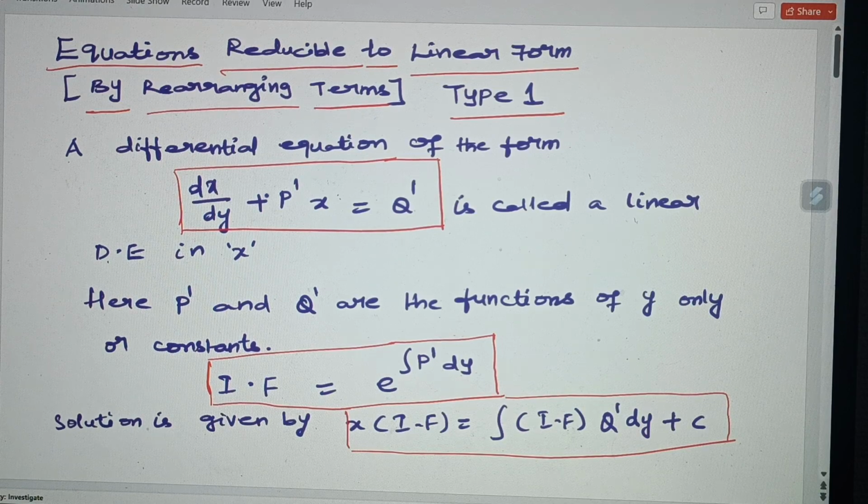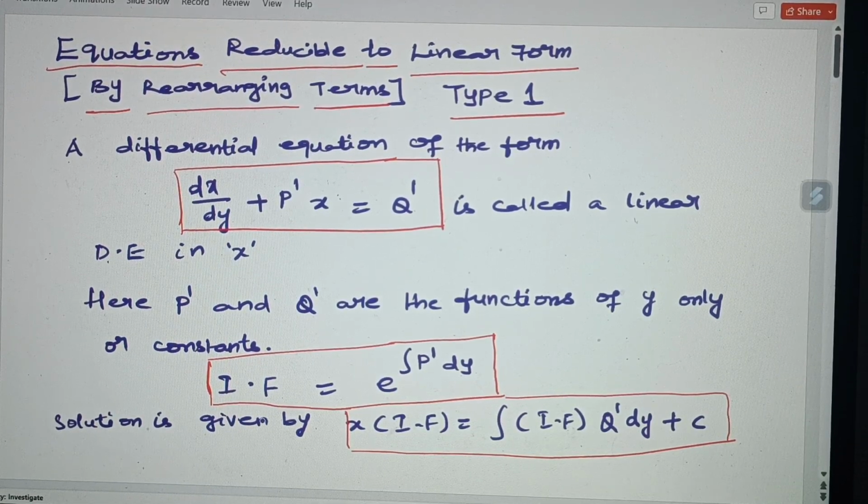Okay, so how does the differential equation look? dx upon dy plus p dash into x is equal to q dash. This is called a linear differential equation in terms of x. Okay. What are p dash and q dash? P dash and q dash we call functions of y, or they can be only constants.